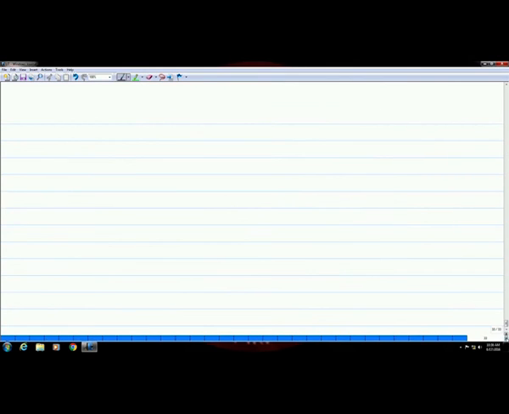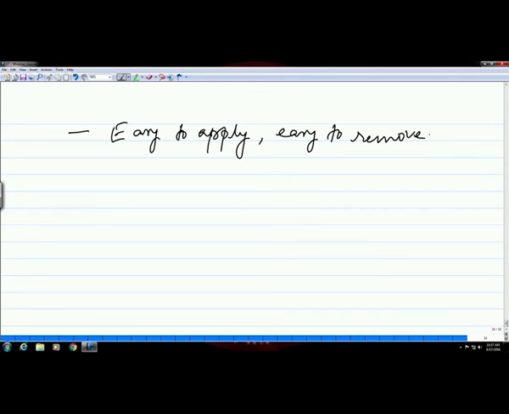And it must be easy to apply and easy to remove. And it must be harmless to the surface on which it is applied.